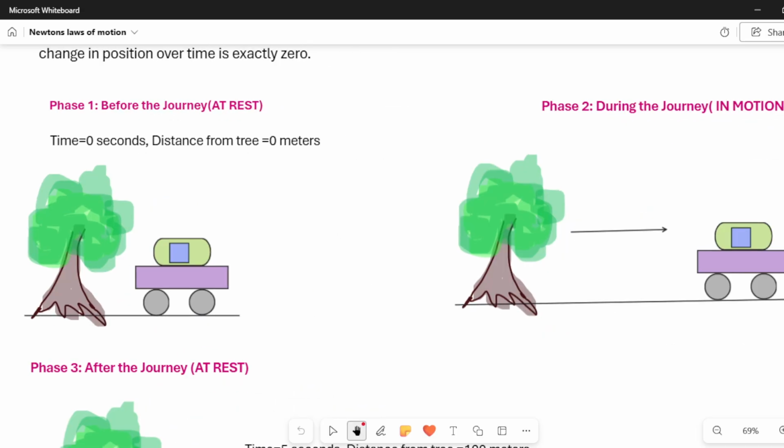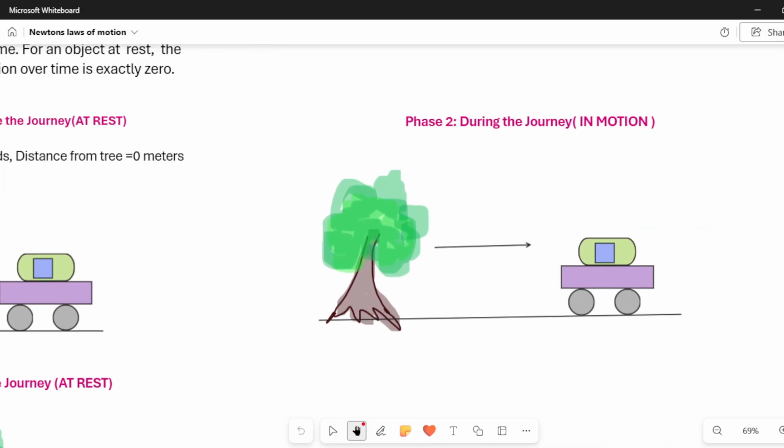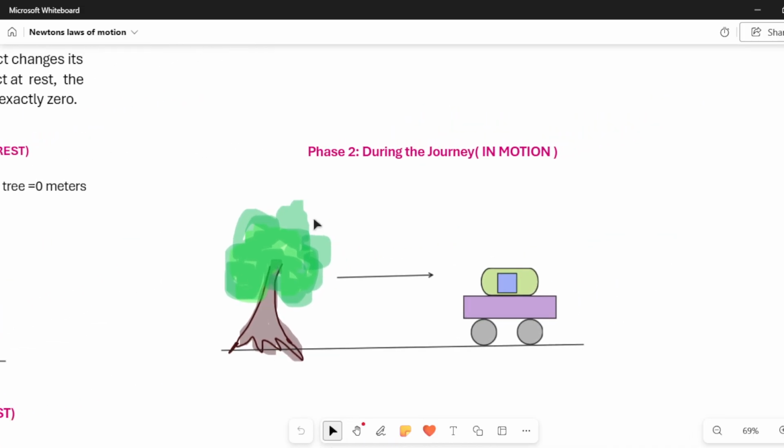Now what happens? I have started my car and my car starts moving. I am on my way to my destination. Now my car is changing position over time. It was here, it came here after a few seconds, after 1 minute it came here, after 2 minutes it came here. So my car is changing its position over time.